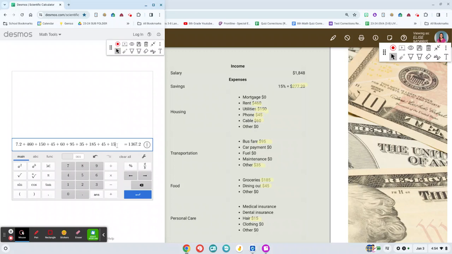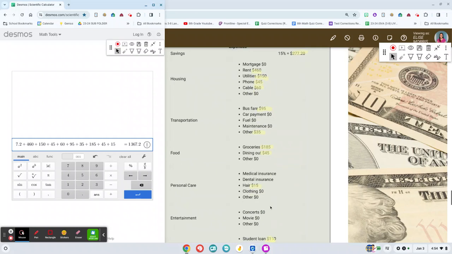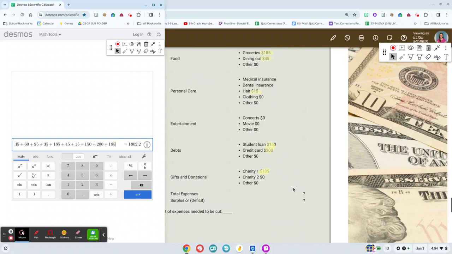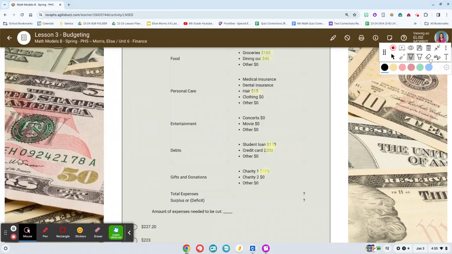Maybe not the best idea. Okay, but hair 15, and student loan payment, $150, $200 to credit cards, and $185 to charity. Okay, I get $1902.20. All right, so I'm just going to write it in right here so we don't forget, $1902.20. Those were my total expenses.